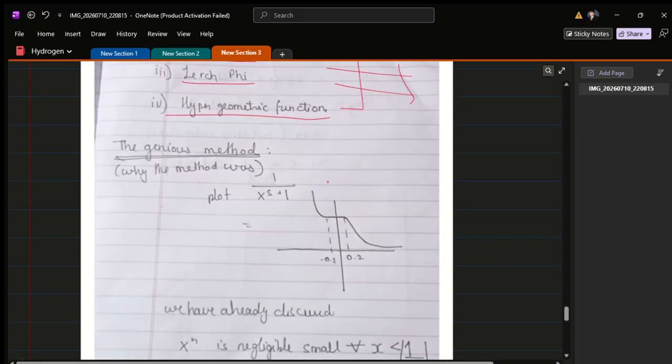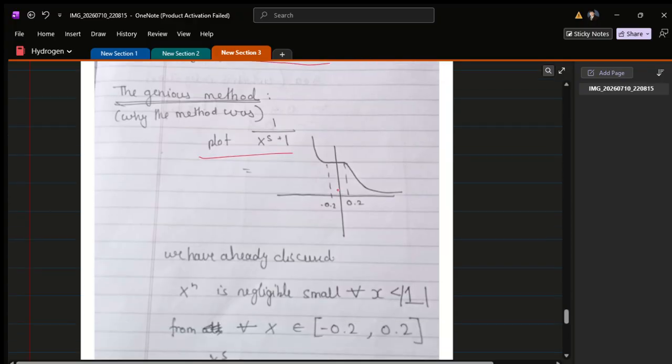Now if we plot the function itself, we will get this graph. Now we can approximately sense this, it's just a straight line.